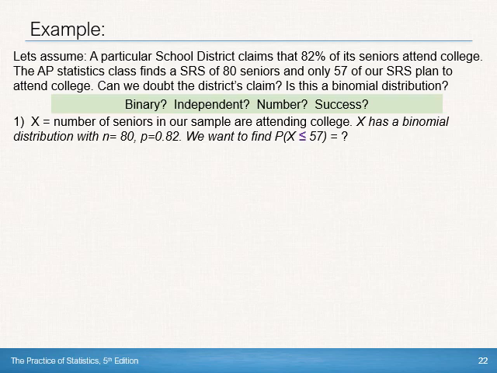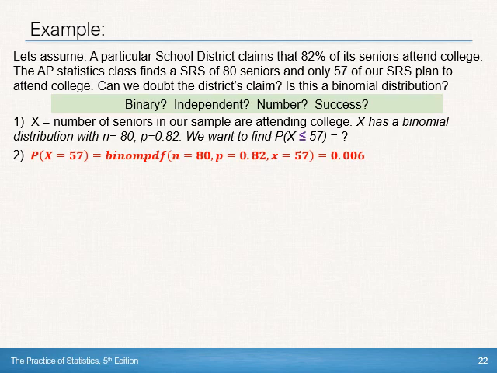We want to find the probability that we would get in our sample 57 or less. Students often do this problem and think, oh, we're going to use PDF of 57. We don't want to calculate the probability that 57 people said they're going to college, but 57 or more extreme.